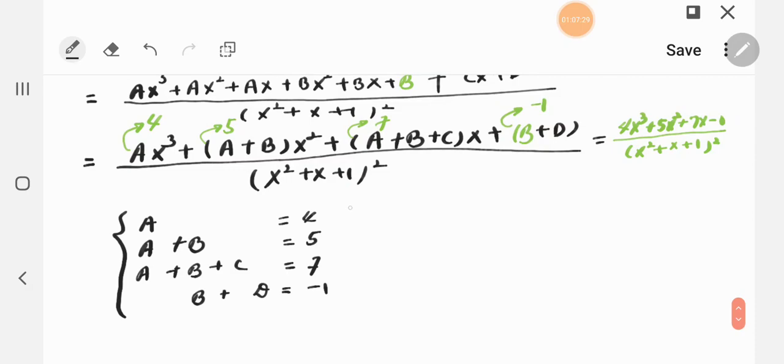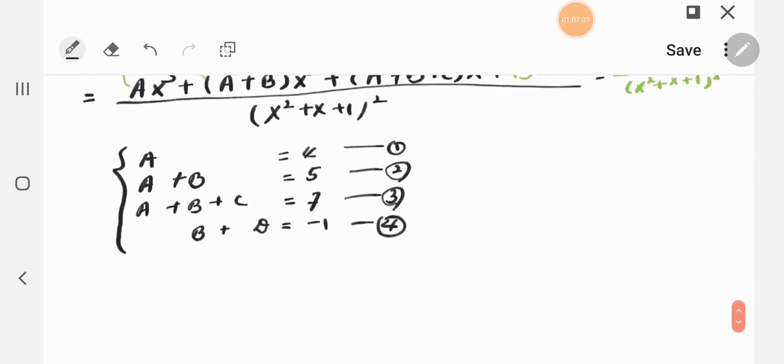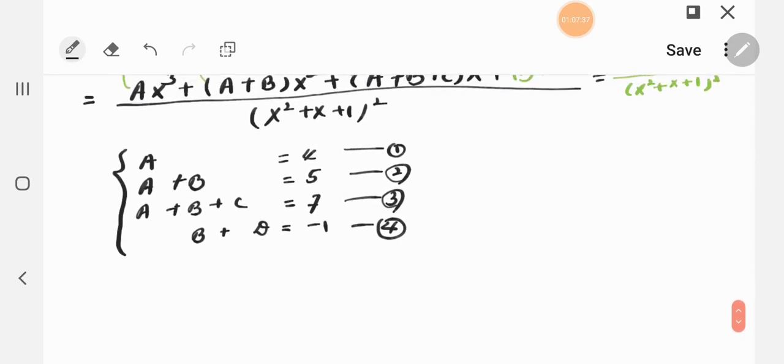So we have 4 equations. From the first equation, we already found the value of a: a is equal to 4.